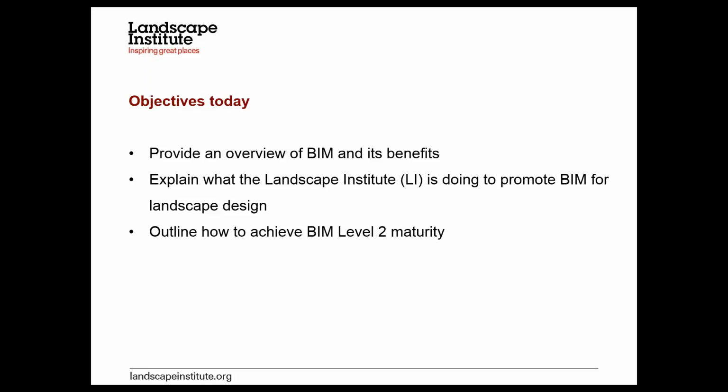Well, I'm going to provide a very brief overview of BIM and the benefits of BIM, explain what the Landscape Institute have been doing, are doing to promote BIM to the profession and outside the profession, anybody engaged with landscape design and engaging with landscape architects, and also outline what we hope to achieve, what you've got to do to achieve level 2 BIM maturity moving forward.